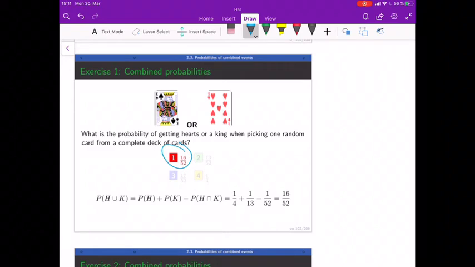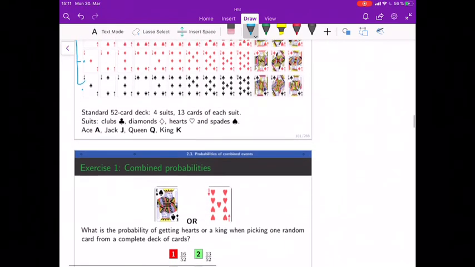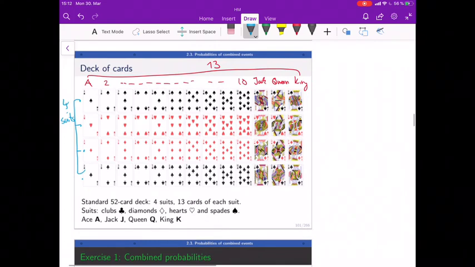What we could do is go above and say, okay, we've got 4 kings, and we've got the hearts, and now let's count, and it ought to be 16.